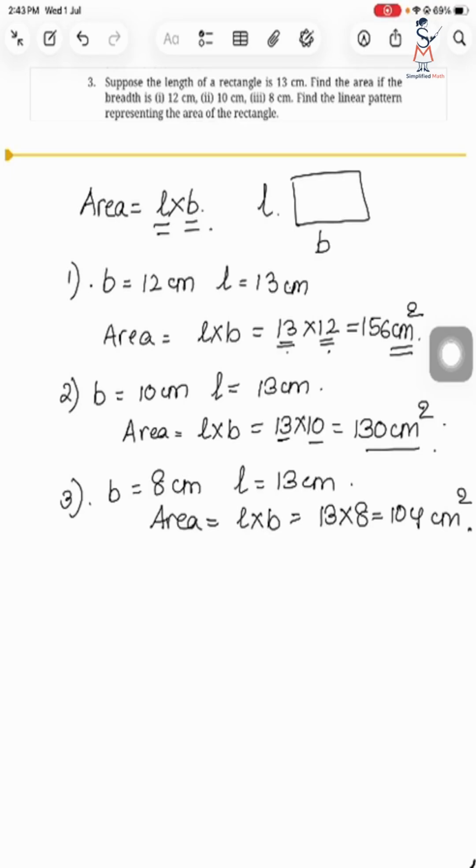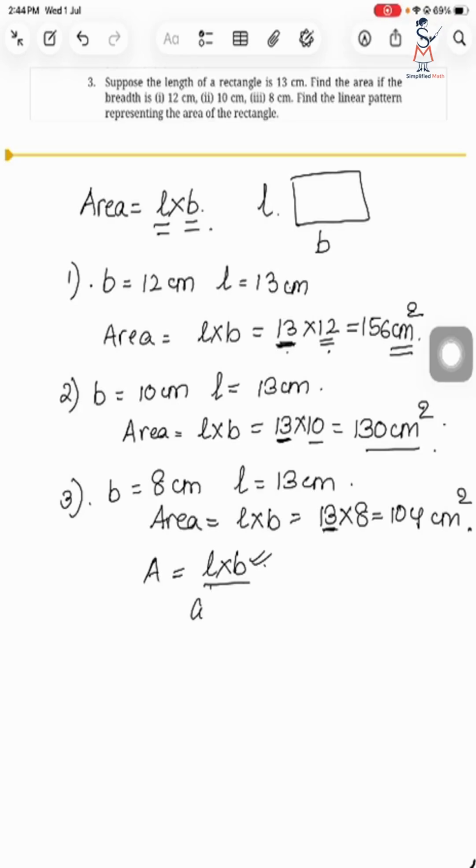What we are seeing here is that in each area the length is constant, that is 13. So the linear pattern for this area will become, we know that area is length into breadth. So for this particular rectangle, the linear pattern will be in such a way where the breadth is changing.